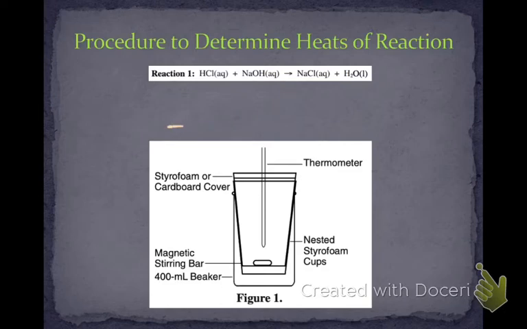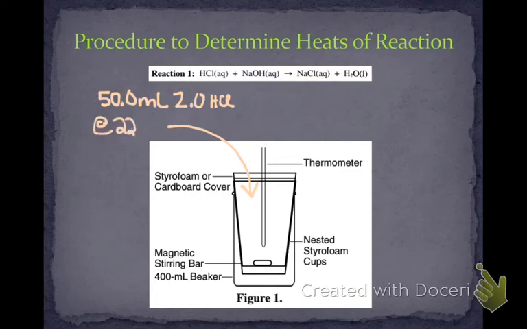So first things first, into the calorimeter we have 50 mils of 2 molar HCl, and this is at 22.9 degrees C. That's our initial temperature, room temperature, when we add this solution. So that's the first thing that you're going to add.